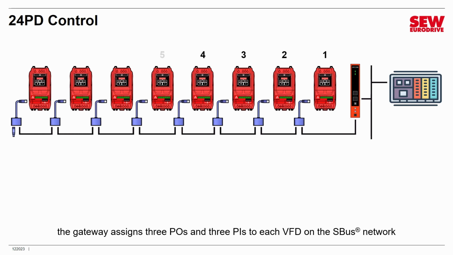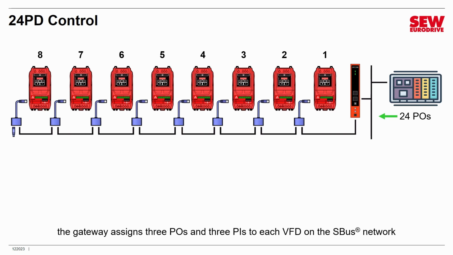Now, it is really smart to set your addresses sequentially in ascending order. And that's because the gateway assigns the process output words based on the address order. So if you make everything in order, it just makes your life simpler. You don't have to do it, but it's really smart.